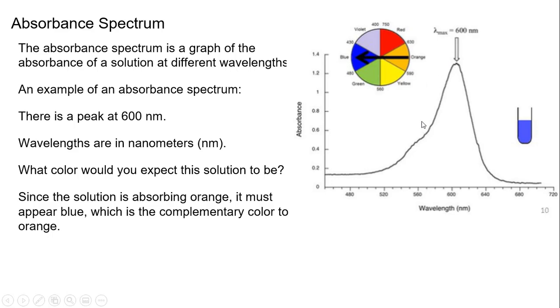So what happened here is the wavelengths were adjusted on a spectrophotometer and the absorbance values were collected, and then a graph was created with the values that were given. And you can see that the best value here was at 600 nanometers.